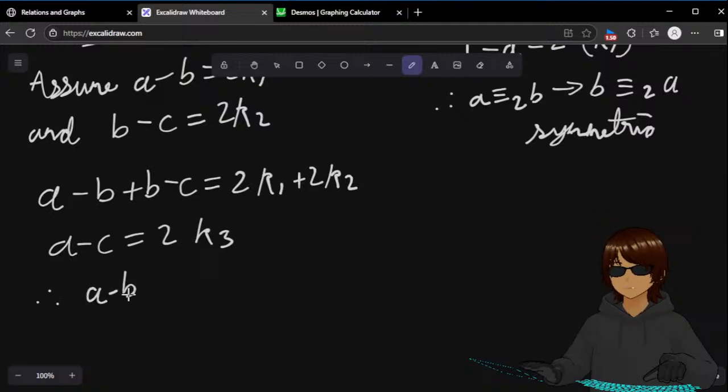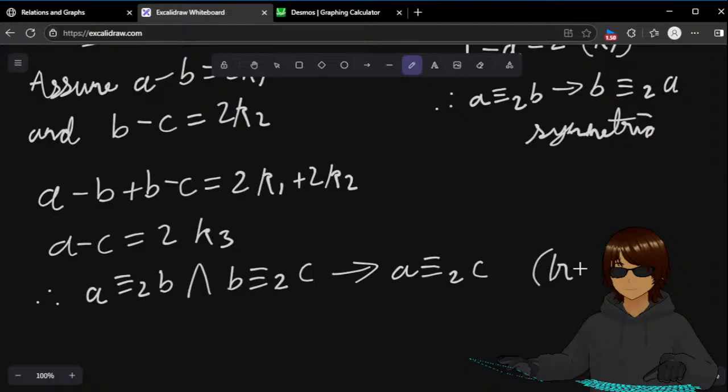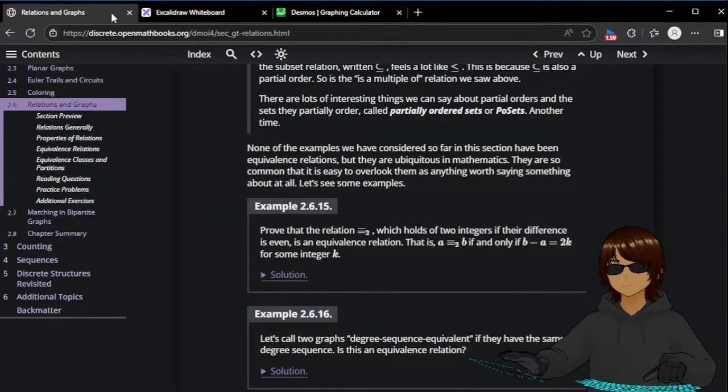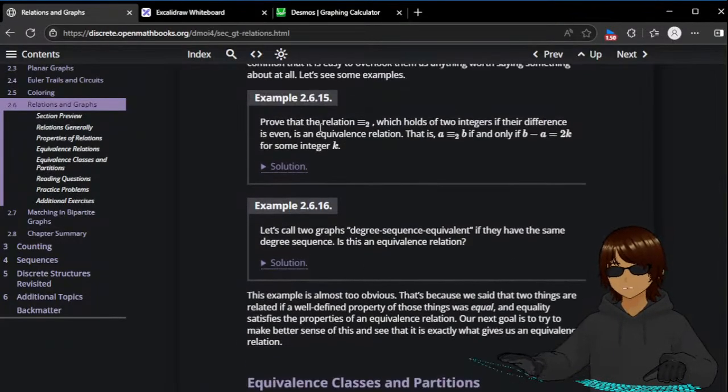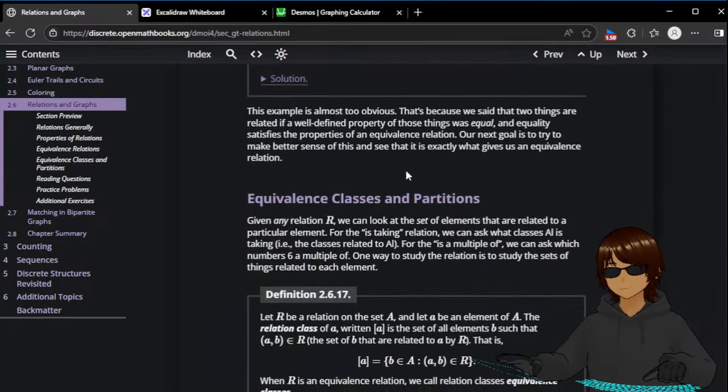Therefore, A minus C is even, so A to B and B to C implies A to C. Transitive. So there we did it. This example is too obvious.